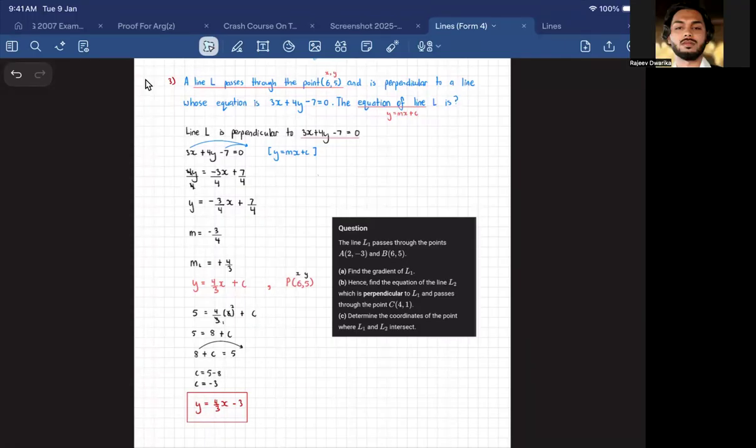Once you have that, write the gradient formula. So say m is equal to y2 minus y1, over x2 minus x1. Write the formula down. And then after that, you're going to say M1 because you're finding the gradient of line 1. And that's going to be equal to, in the formula, y2 minus y1. You're going to take the y2 value, substitute it in, then say minus.